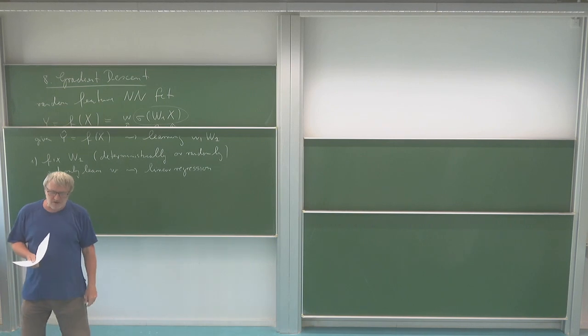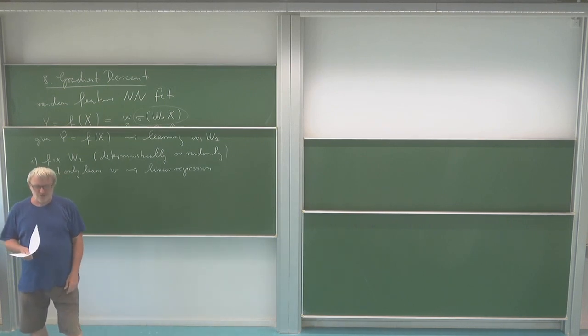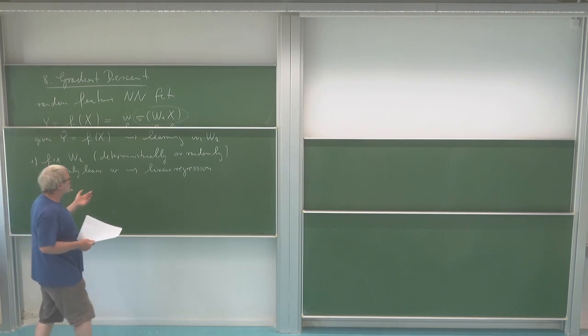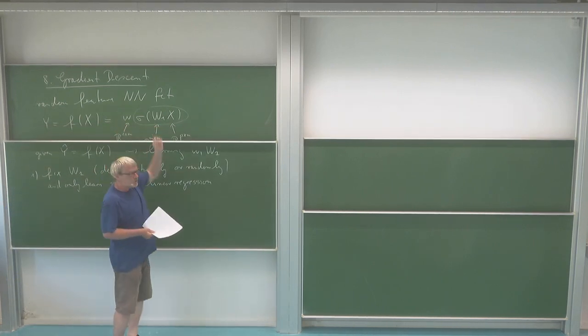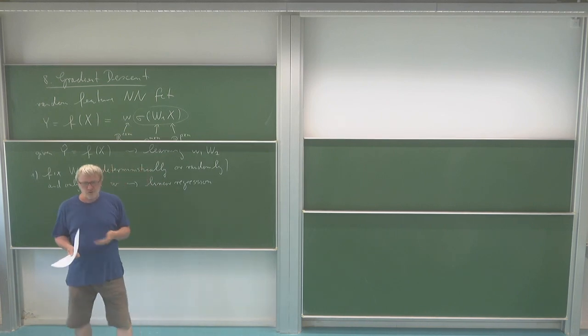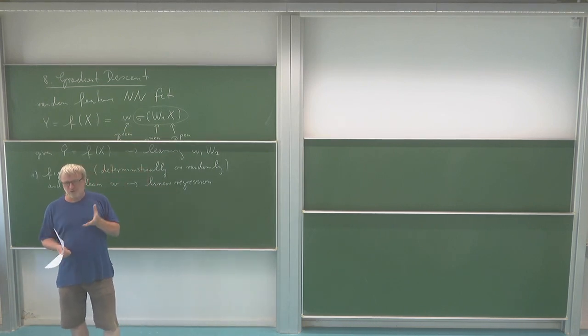And of course, the power of neural nets is not just linear regression. The point is you should learn more, namely you should also, for example, learn the W1, which means you should do feature learning. You should learn which features are good ones, which you should calculate.